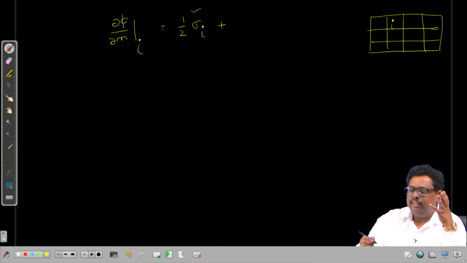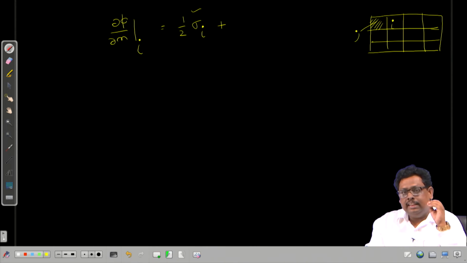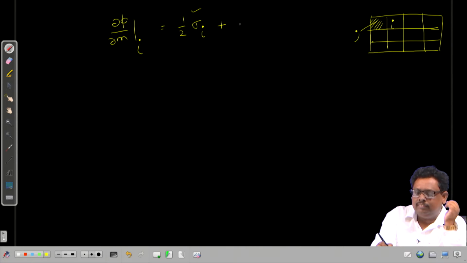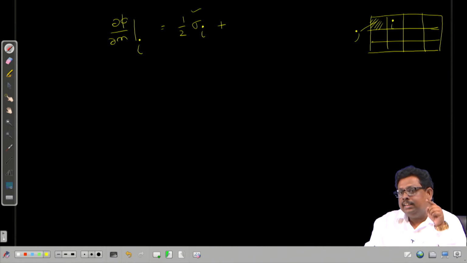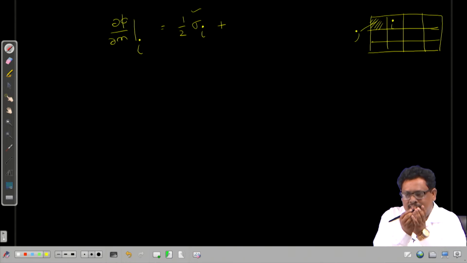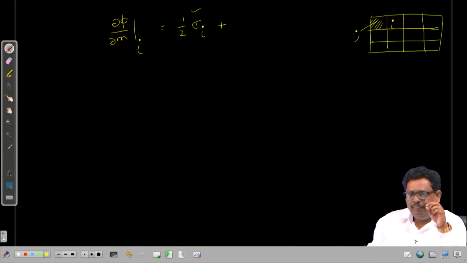Then, in this panel, let us say this is a particular jth panel. In this jth panel, I assume my sigma is constant, that is what we are doing for the lower order panel method. We are assuming that for each panel your velocity potential phi as well as the strength sigma is constant for a single panel, different for the different panel.